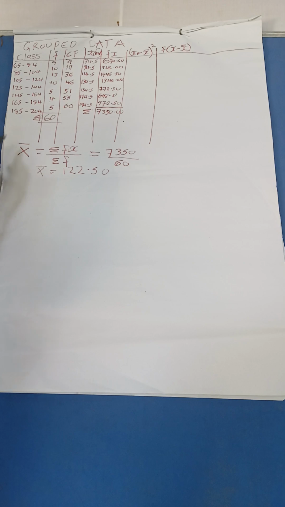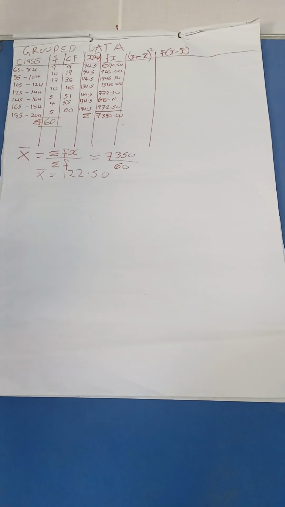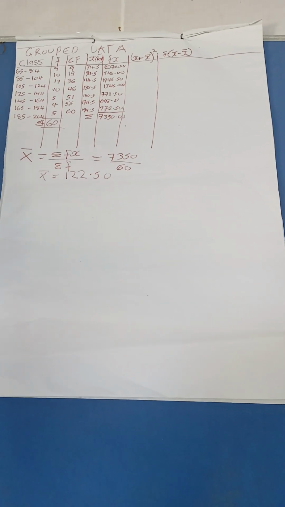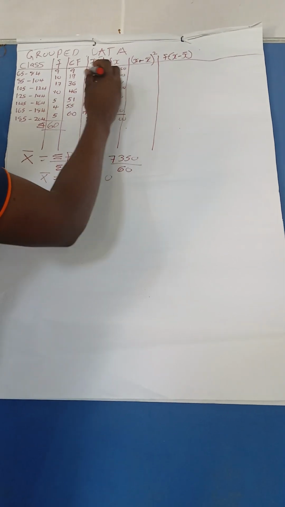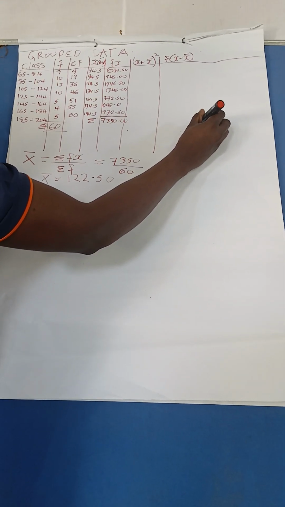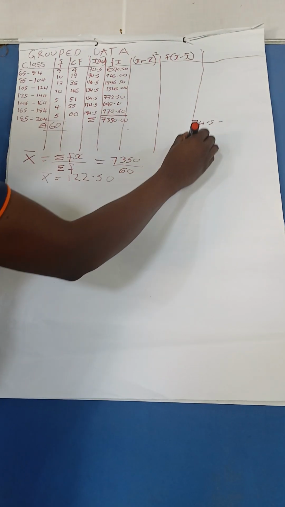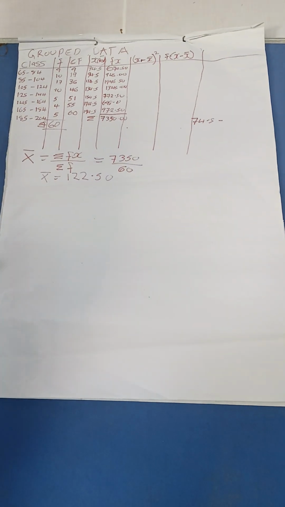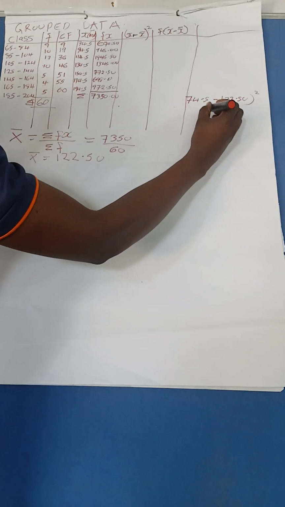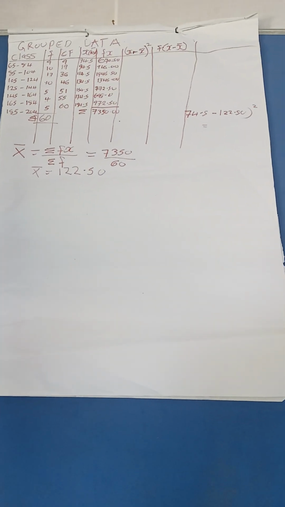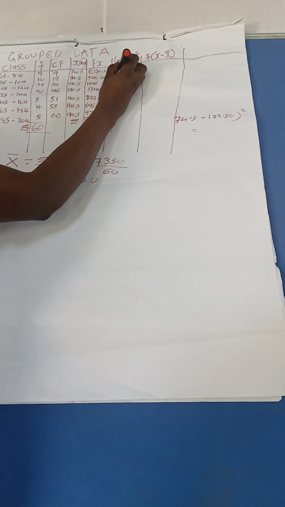So it will be the midpoint, 74.5 minus 122.50, then you square. So the first one will be 2304.